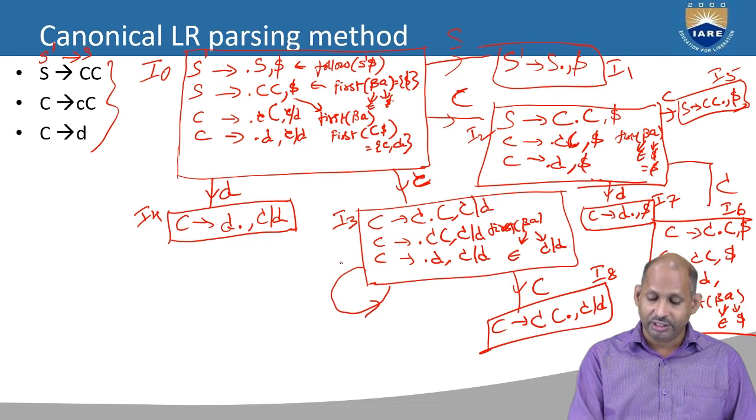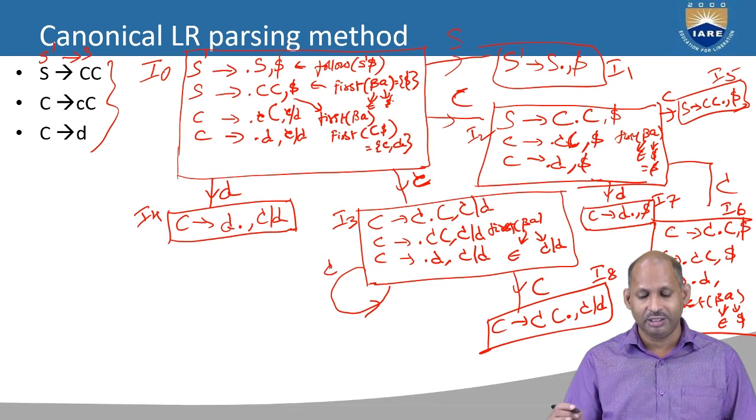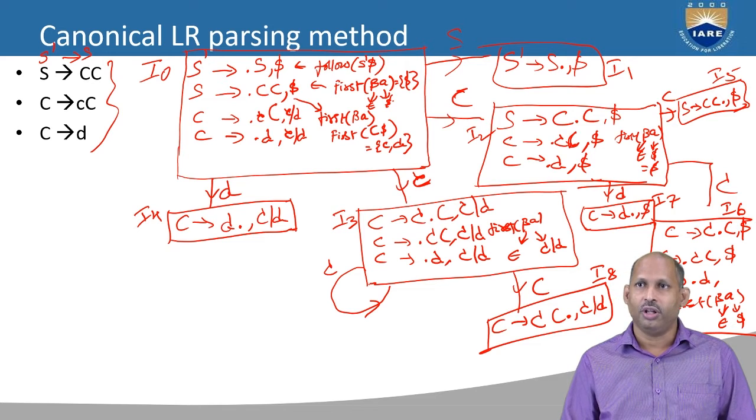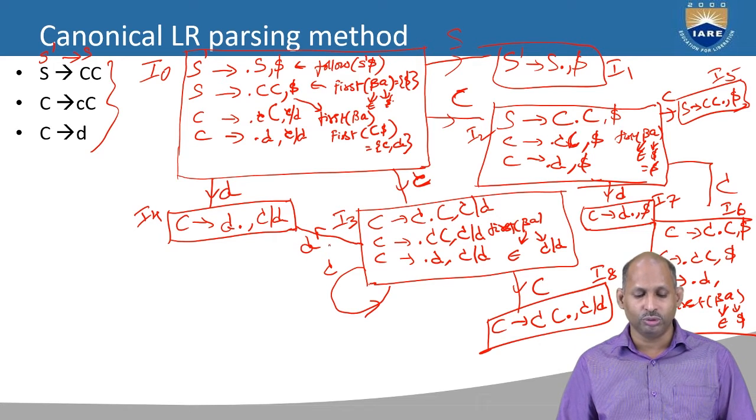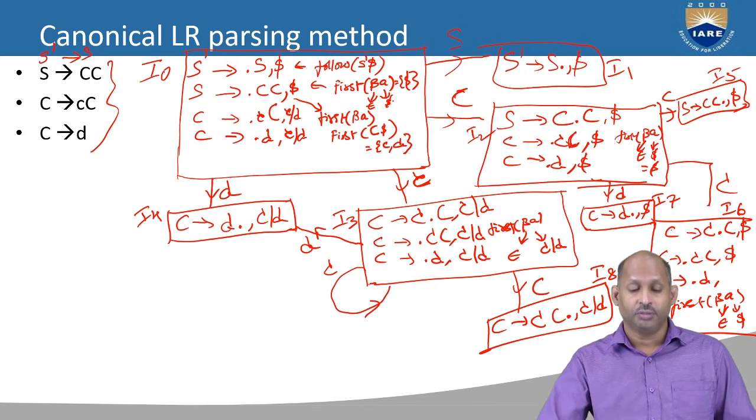So this I3 is self-recursive. So on terminal C, we get the same. Next, on D, C gives dot D. On D, it will give D dot. What are the terminal symbols? Small c slash D. So on the terminal D, I3 goes to I4. So I3 go-to operations are over.